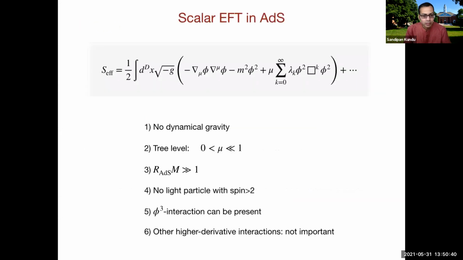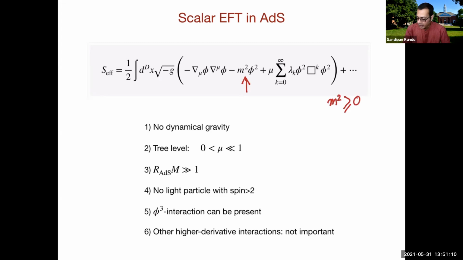So let me now make everything more precise. This is the theory that I'm going to discuss today. This is a scalar effective field theory in AdS, where I have a single scalar field. So then there is the mass term. This scalar field can be massless or massive, but I'm going to assume that the mass squared is not negative.